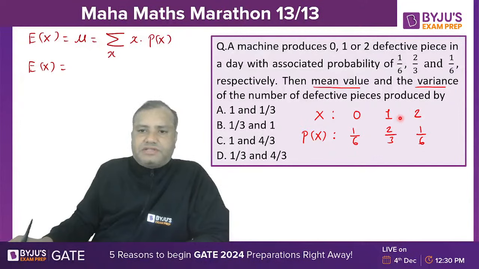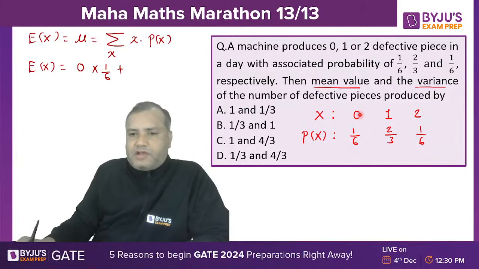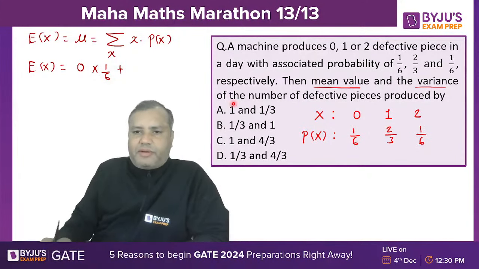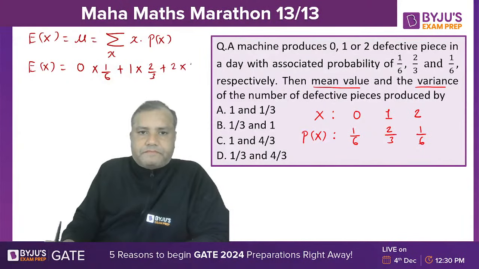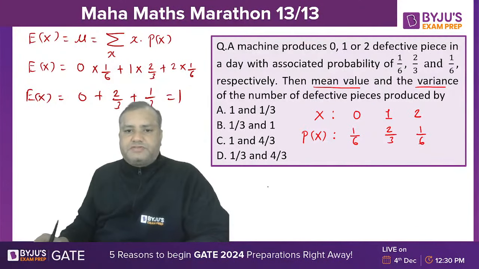So values of x are 0, 1 and 2, multiplied by the corresponding probability. So expectation of x is 1.